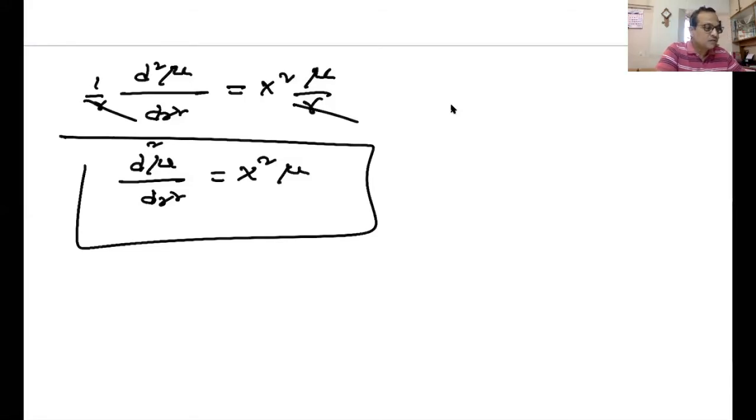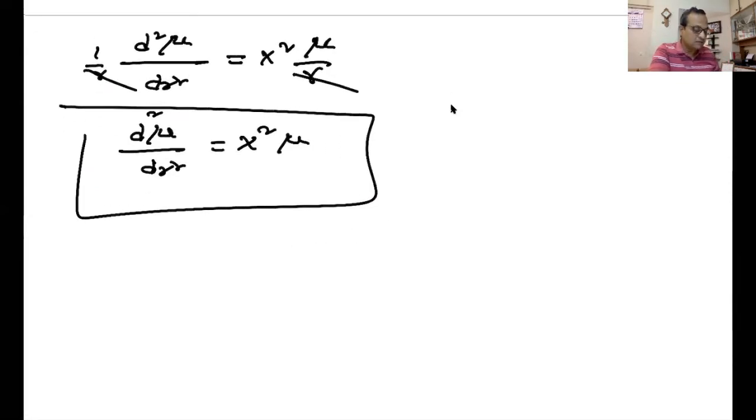Okay, this linearized Poisson-Boltzmann equation has this form now in terms of mu. Already you have seen such an equation, right? Before also you have solved such a differential equation while solving the particle in a box problem, is it not? Also you have used this equation in solving the radial part of the hydrogen atom. Yes. And also in simple harmonic motion, is it not?